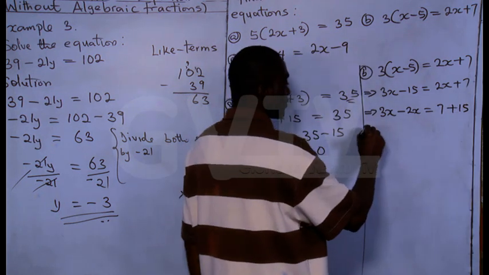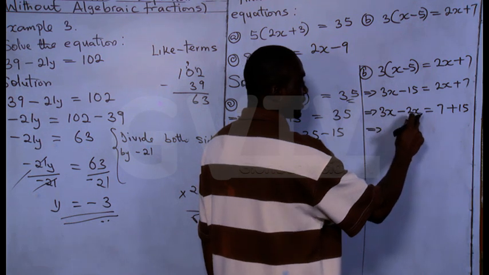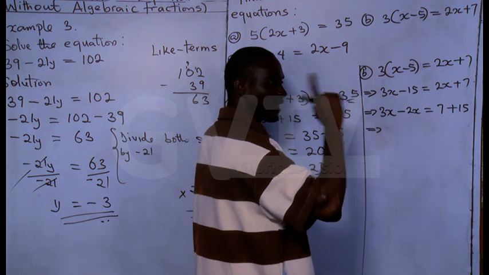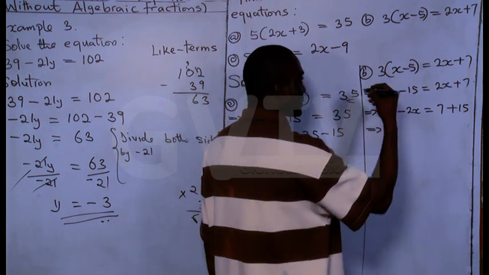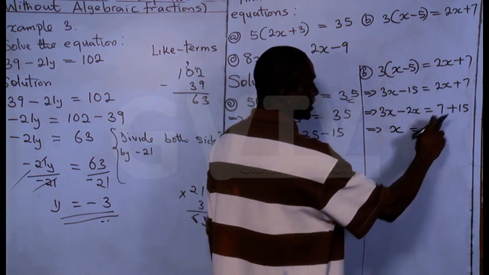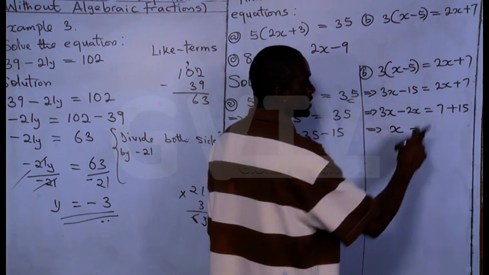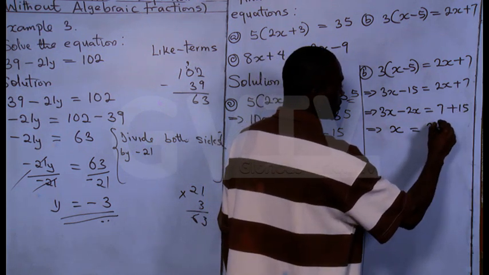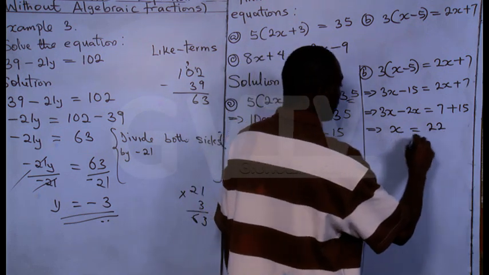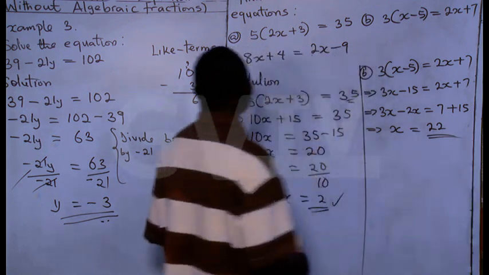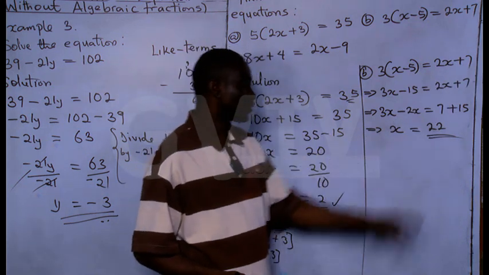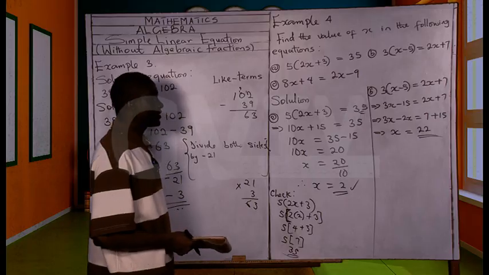Alright, and this will give us 3x minus 2x will give us 1x, and 1x is the same thing as writing x. Okay, x. So we have equal sign, 7 plus 15. 7 plus 15 will give us 22. Alright, so that is that. So the value for x, which is going to be the solution to this given equation, is 22. That is that. I hope you understand that.